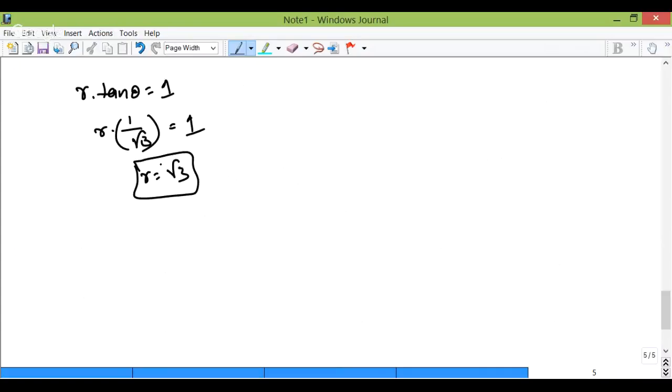Directly substitute the R value in the given question. It is under root over 4 plus 2R. Under root over 4 plus 2R is equal to 4 plus 2 into root 3 under the root.